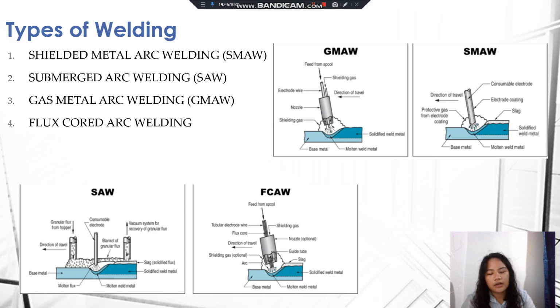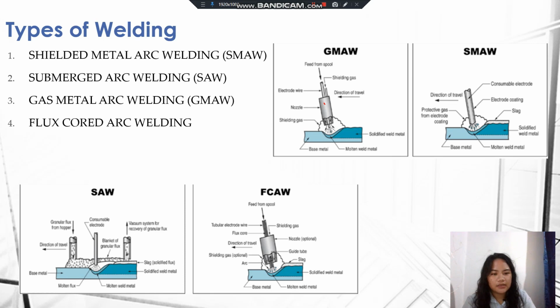Ang shielded metal arc welding, ang ginagawa dito ay pinoprotect yung electrode by using a cover with a layer of mineral compounds, and melting of this layer during the welding produces an inert gas encompassing the weld areas. This inert gas shields the weld by preventing the molten metal from having contact with the surrounding air.